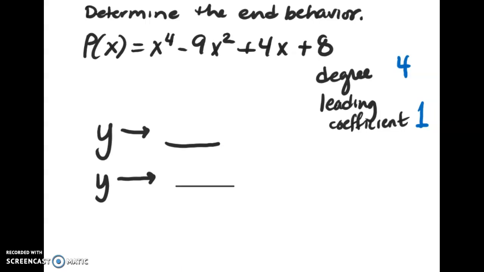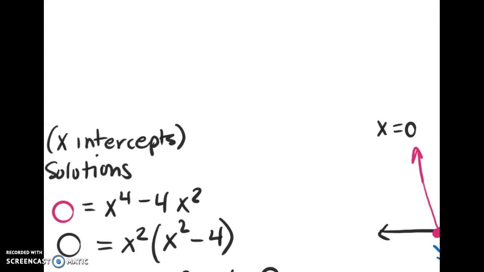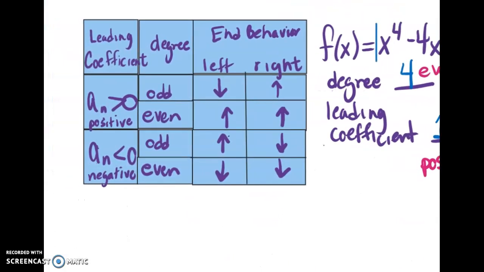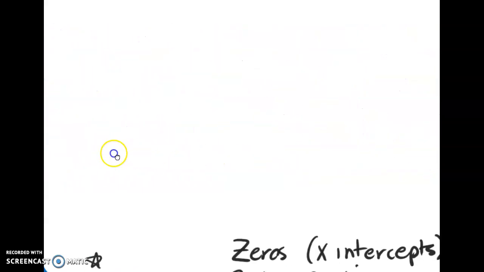So using the chart that I gave you, let's take a look at it. We have a positive leading coefficient of 1. We have an even degree. So I'm expecting the left and the right side to increase without bound.